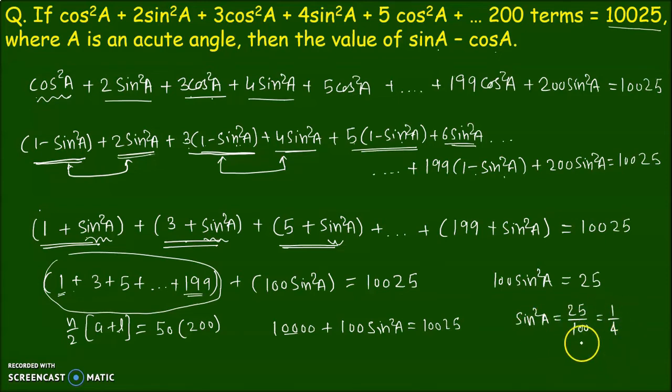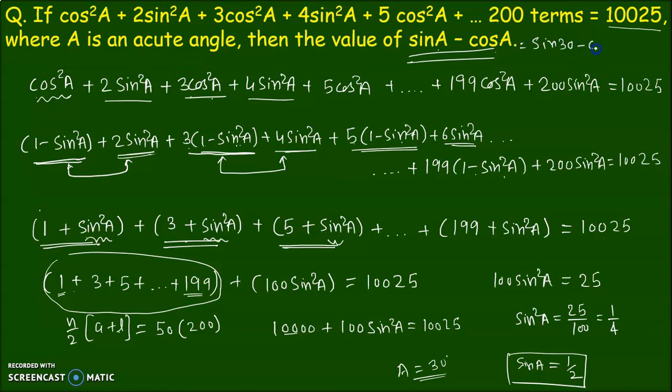So the value of sin A will be 1 by 2. Sin A equal to 1 by 2 means the angle A is 30 degrees. We need to find sin A minus cos A, so this is sin 30 degrees minus cos 30 degrees. Sin 30 degrees is 1 by 2, minus cos 30 degrees, which is root 3 by 2. So our answer is 1 minus root 3 divided by 2. This is our answer.